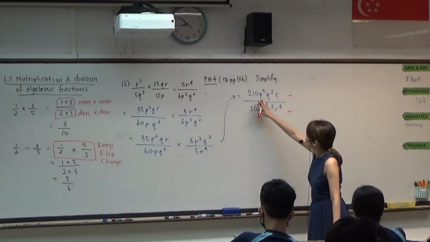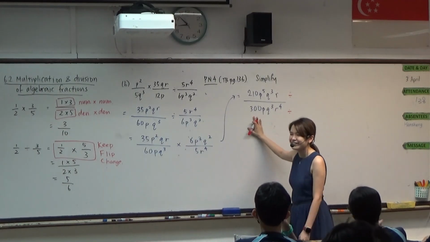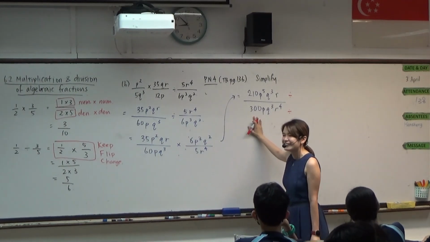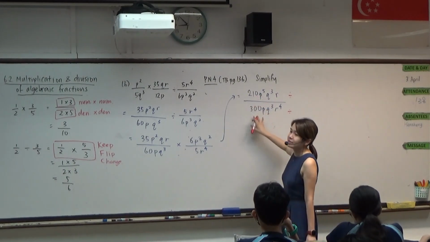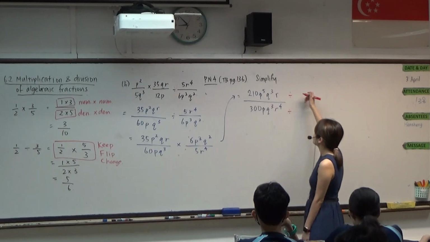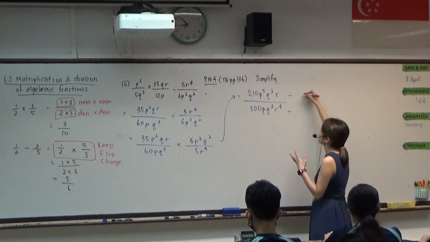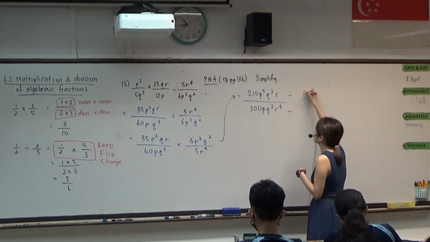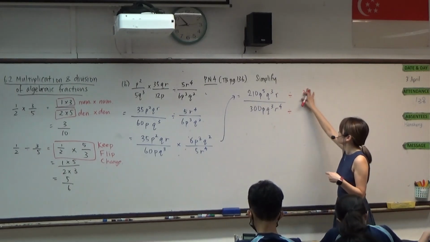You think of 5 when you see 210 and 300. That's quite interesting. Okay, I'm just asking about numbers. 30. Okay. So actually I would think of 10 rather than 5. I don't know what made you think of 5. Okay. So 210 can be divided by 30, 300 can be divided by 30.